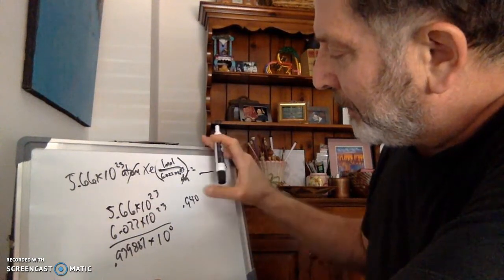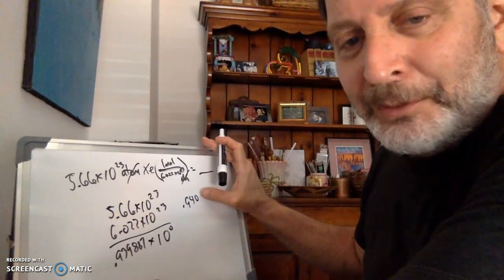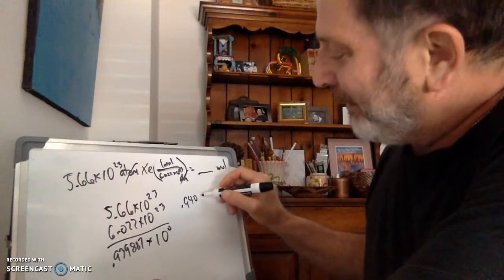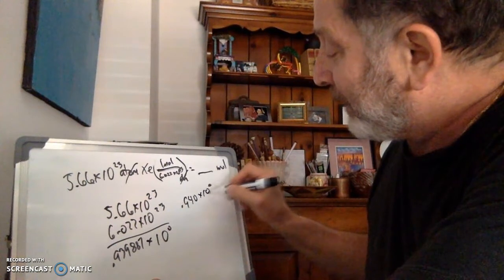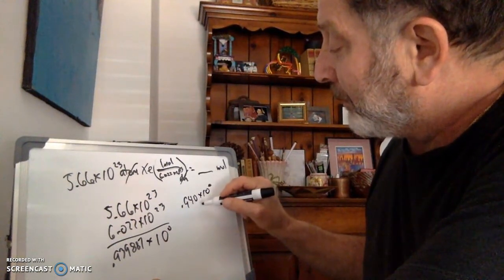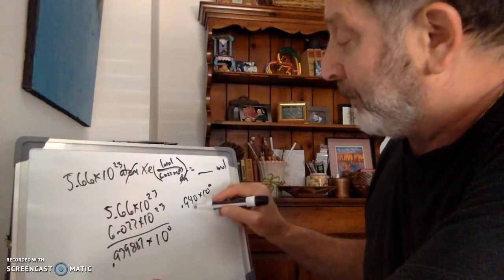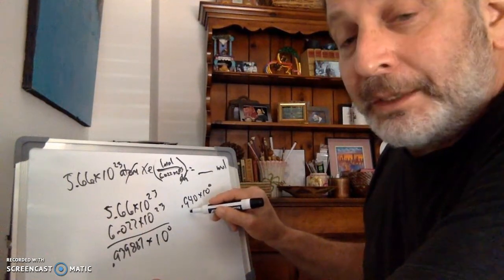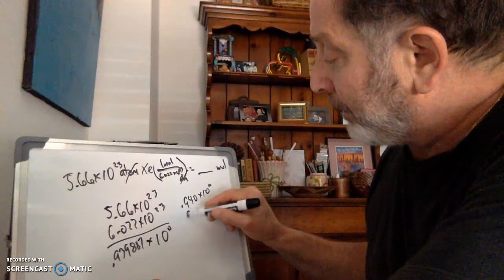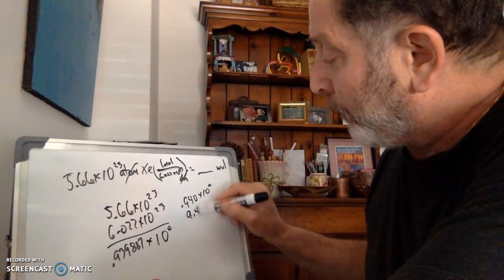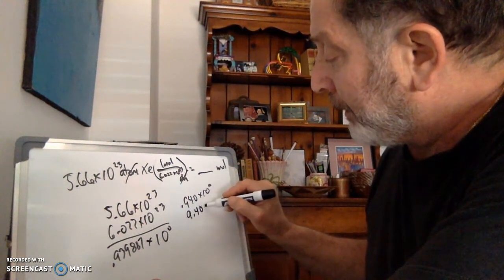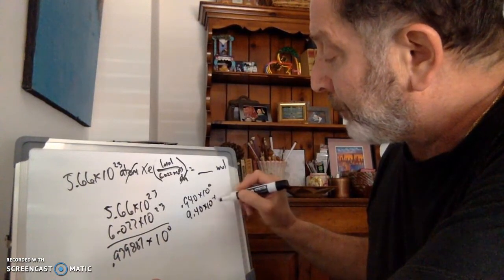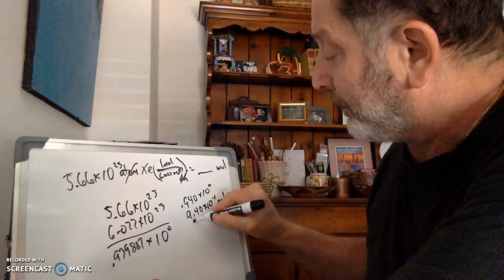The 0 is significant because it's to the right of the decimal and at the end of a number, and times 10 to the 0, and that's 1. So I could just say 0.940, or if I wanted to write it in scientific notation, I could say 9.40 times 10 to the negative first power moles.